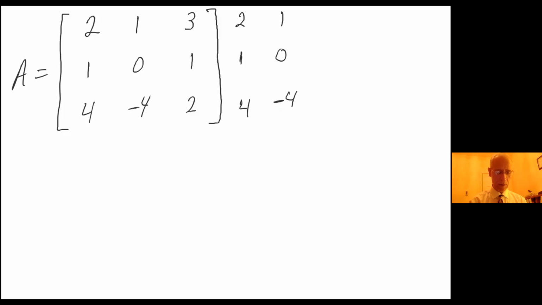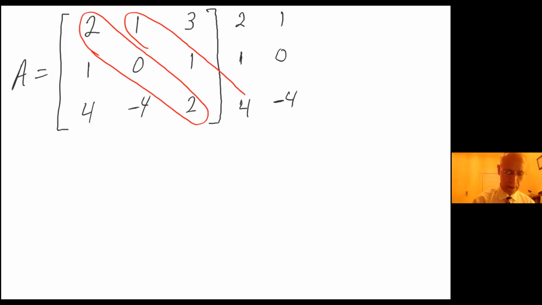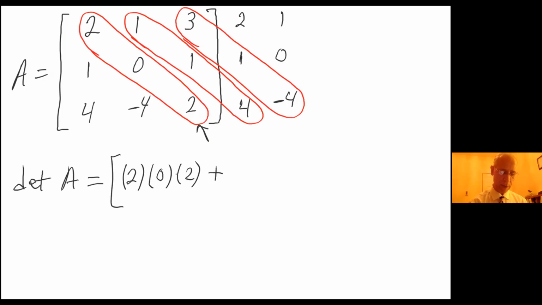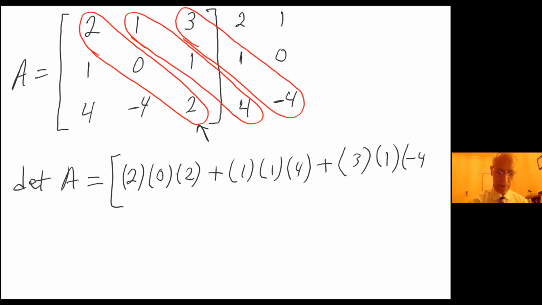2, 1, 4. Then the second column, 1, 0, -4. Okay, now I'm going to find my diagonals with three members. So determinant of A equals the product of the first one, which is 2 times 0 times 2, plus the product of the second one, 1 times 1 times 4, and then plus 3 times 1 times -4.